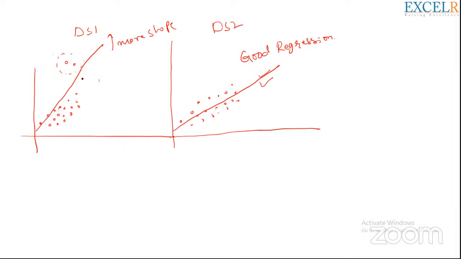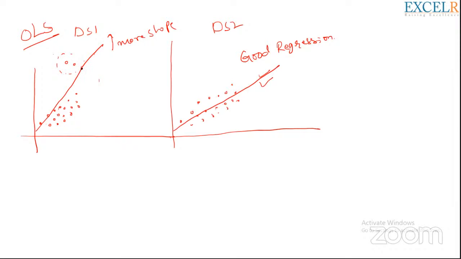But here, because of the OLS, it has to maintain the minimum error. In doing so, this line also has to be near to these two data points. That means these two data points are pulling the regression equation towards themselves, which is not fair, which is not right. Correct, right?